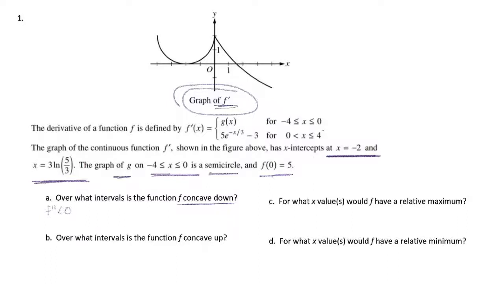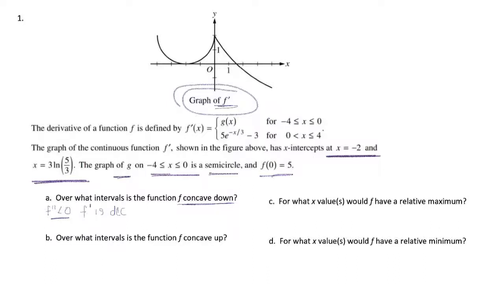If our derivative is negative, then the function that it's the derivative of is decreasing. That's helpful because now we have the graph of f prime, and we can very quickly look up here and see where f prime is decreasing. There are a couple of intervals where it is decreasing.